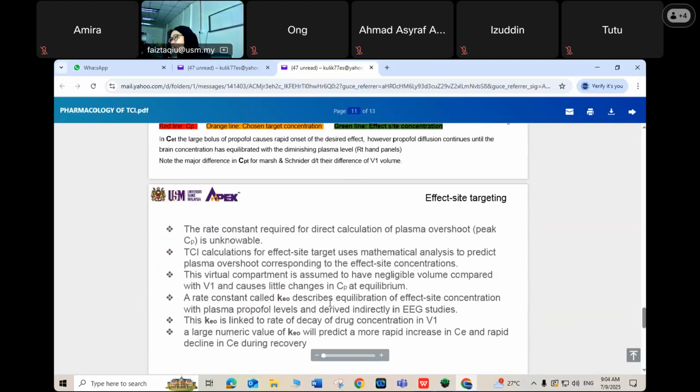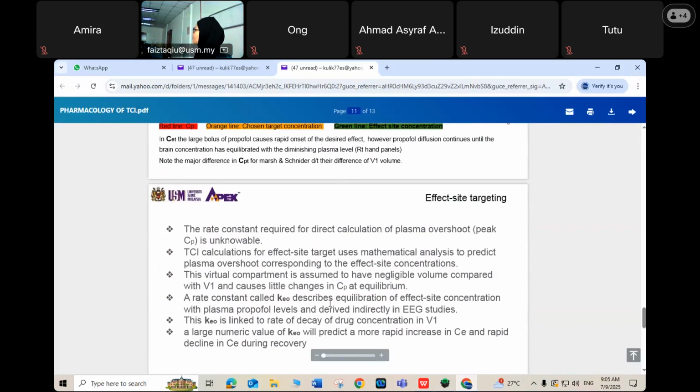Okay. Alright. Okay, so kalau KEO dia besar, kan ada rate, setiap rate dia berbeza kan. So if you have a large KEO number, okay, so that means that you will predict more rapid rise in the effect site concentration kan. Maksudnya which one is good? Kalau you nak drug tu fast onset, fast offset, this is what it implies.